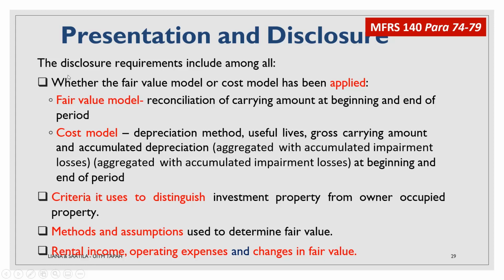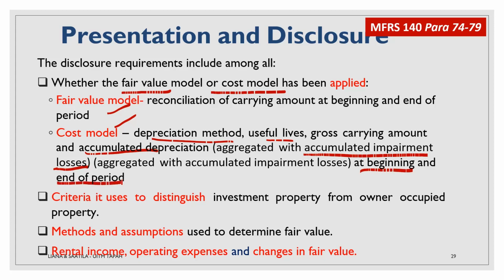These are the things that should be included: whether the fair value or cost model has been applied, the reconciliation under the fair value model, and the reconciliation under the cost model that includes the depreciation method, useful life, accumulated depreciation, and also the accumulated impairment loss. Remember, under the cost model you also have to take up the impairment test. So make sure it is shown at the beginning and at the end.